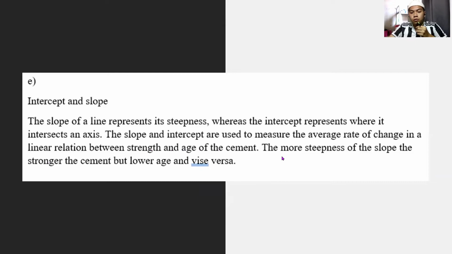From this relationship, we can conclude that if the steepness of the slope is more, then the stronger the cement, but with a lower age or time, and the same with vice versa.